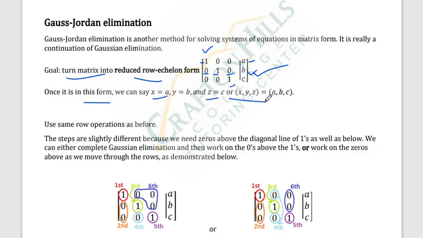We directly write the solution. In Gaussian elimination we have to use back substitution: first we find z, then put it in the second equation to find y, then put these two values in the first equation to find x. But in Gauss-Jordan elimination we get the answer directly.